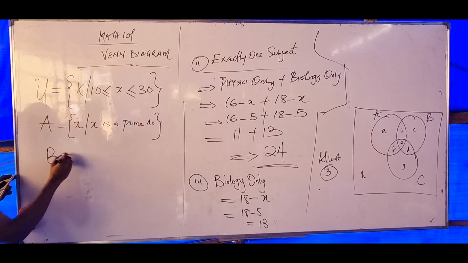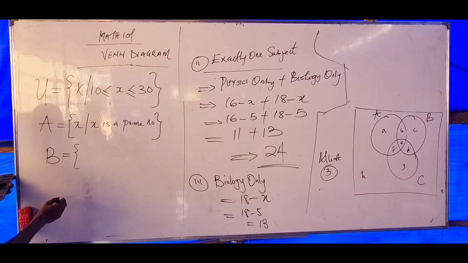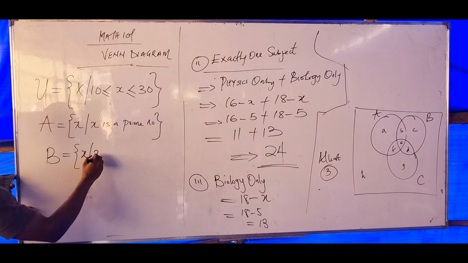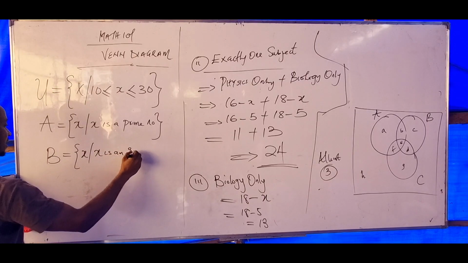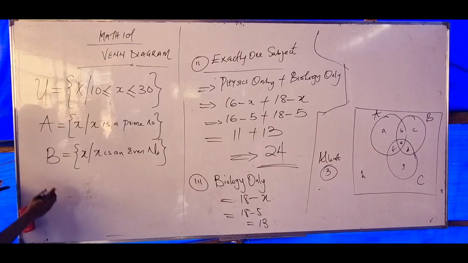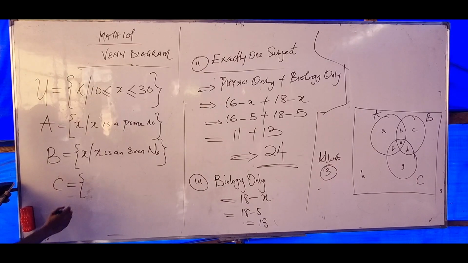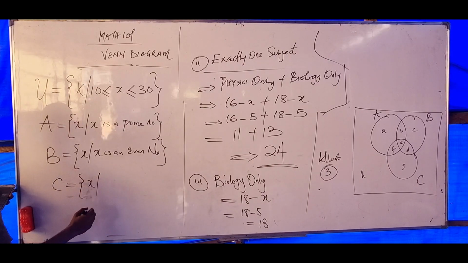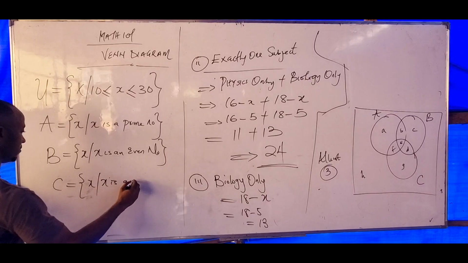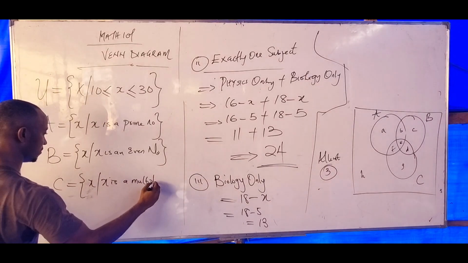Subset B is X such that X is an even number. Subset C is X such that X is a multiple of 3.